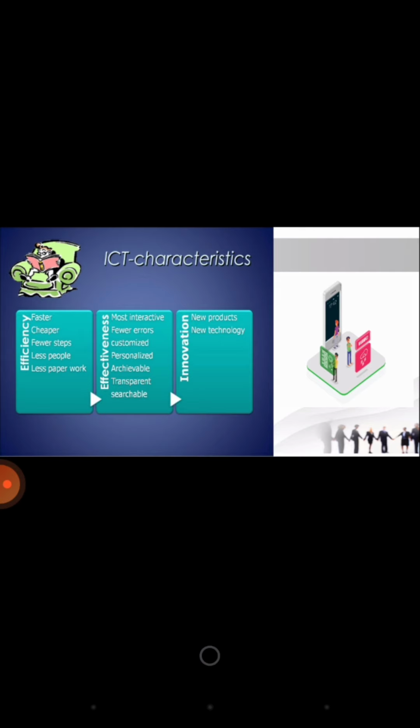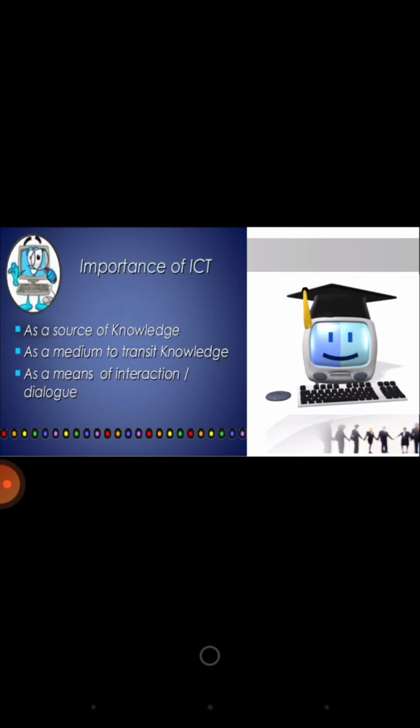Then innovation: the new products, new technology. Then the function of ICT as a source of knowledge, as a medium to transmit knowledge, as a means of interaction and dialogue.